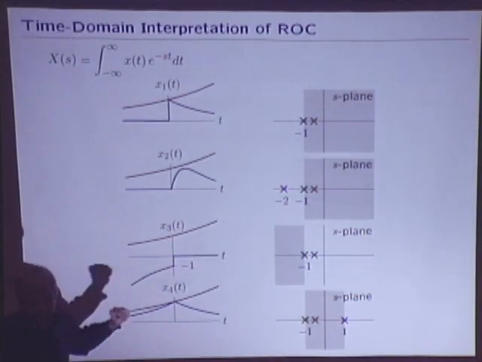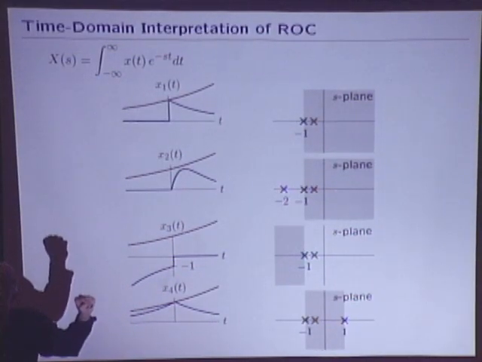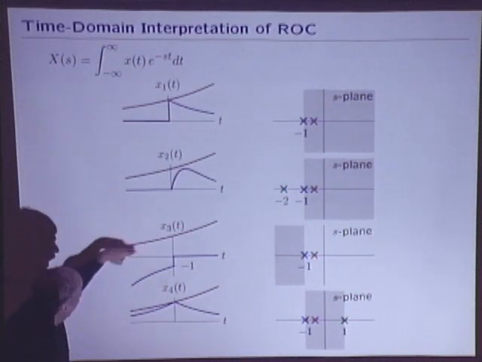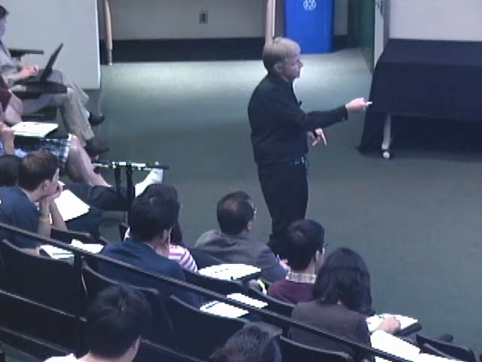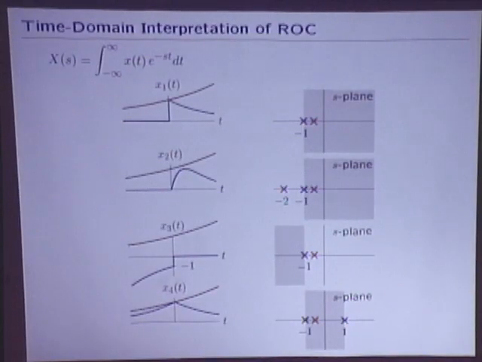Here, it's exploding in a region of time that I don't care about, and it's convergent for this region of time that I do care about, but it's not convergent enough. So the integral still diverges. I'm not in the region. And finally, this one is more complicated.